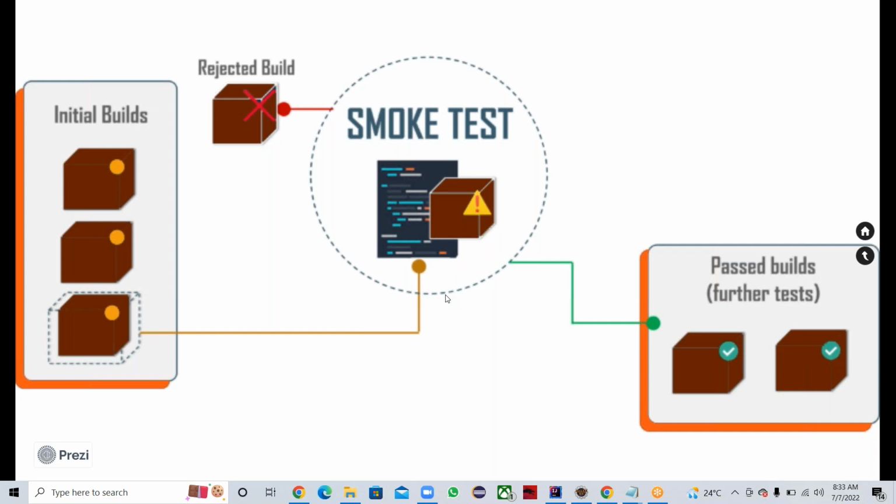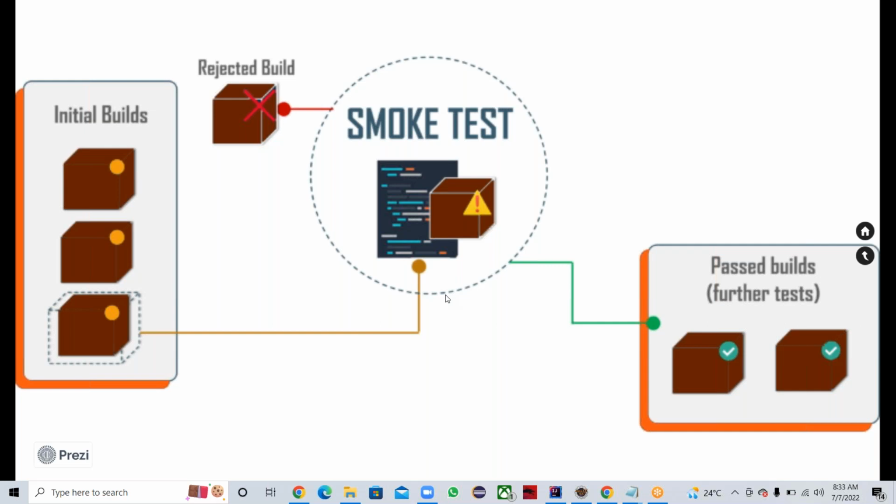After development is completed, the build will be released for testing. A smoke test means basic testing. If certain parameters are satisfied, then the build is passed. Otherwise, we send it back for a rebuild, with whatever defects we encounter during the smoke test.